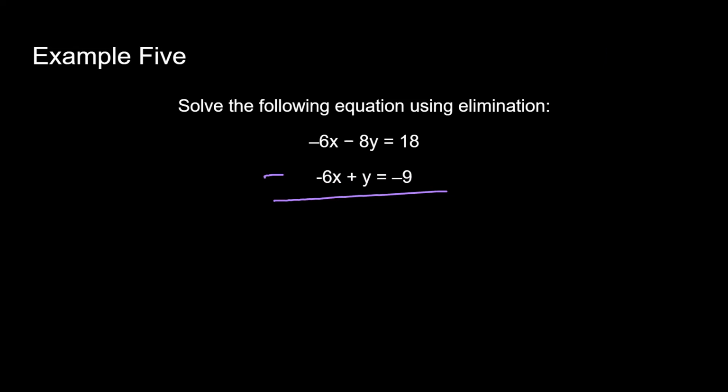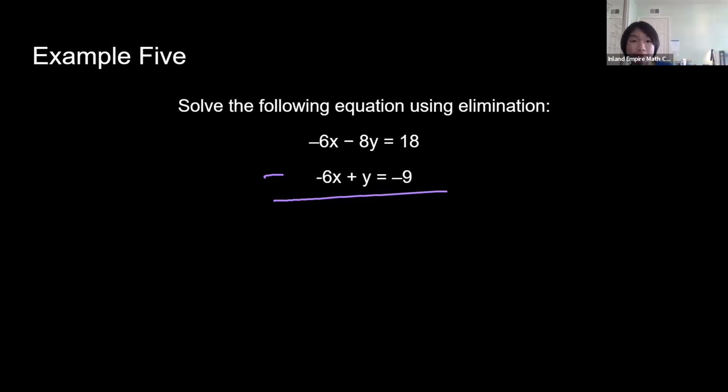And then, you have negative 8y minus another y. So what would that be? Negative 9y, right?